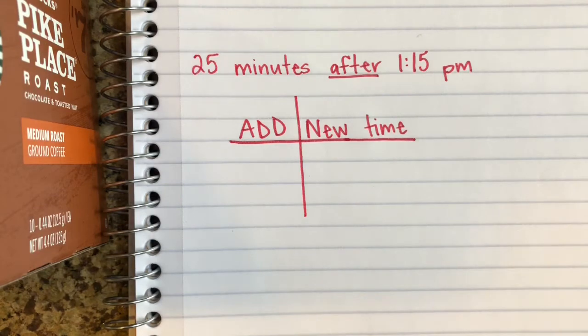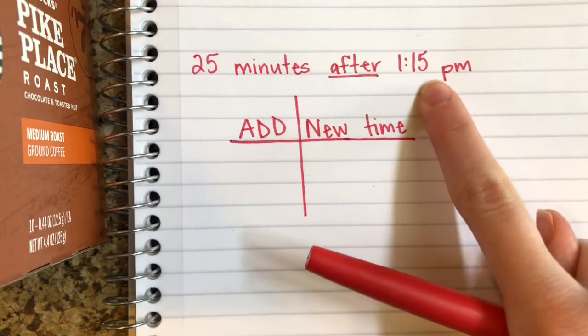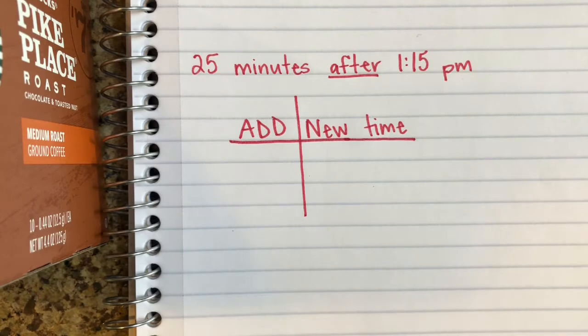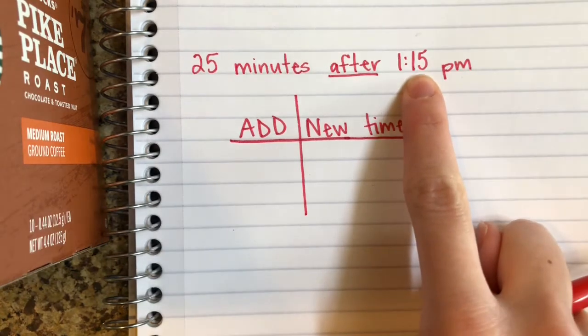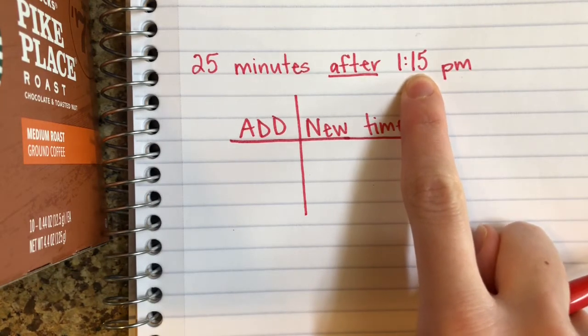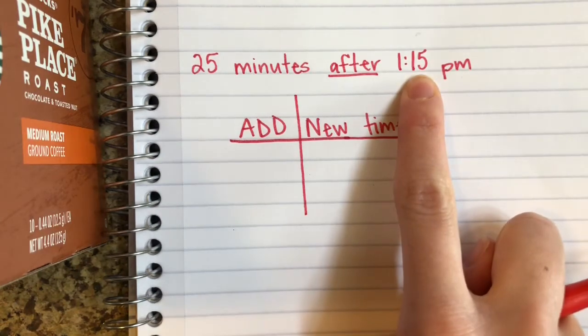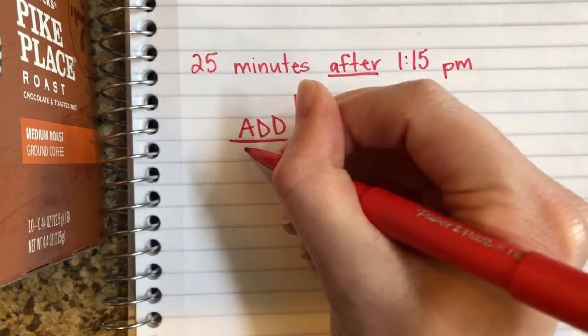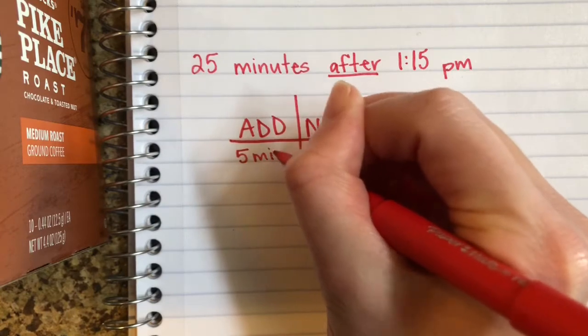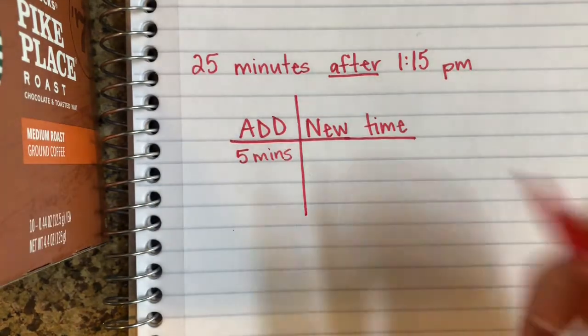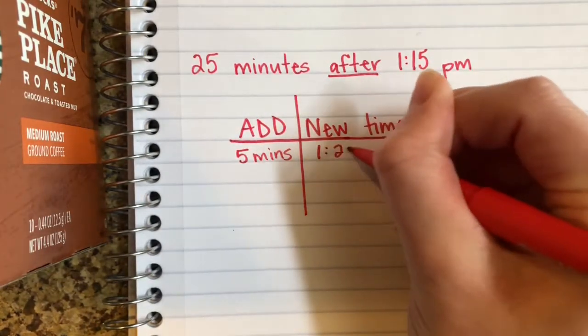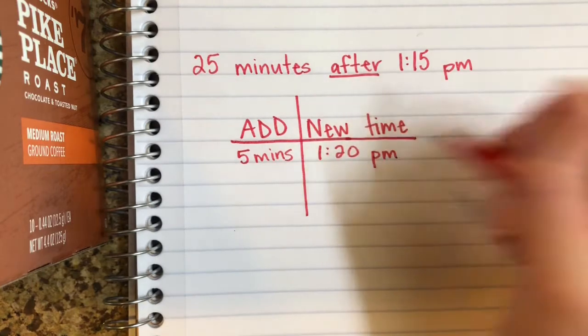We are going to be adding that time to our 1:15. First, we want to get this to an even number with the 0 at the end. So if we have 1:15, we want to round that to 1:20, so we would add 5 minutes. If we add 5 minutes to that, we would be at 1:20 p.m.